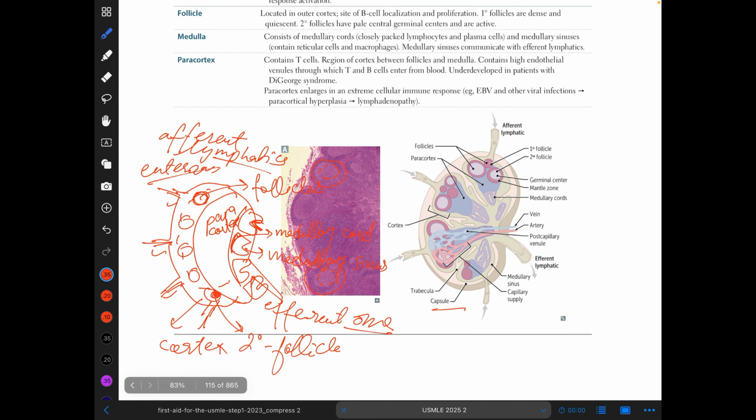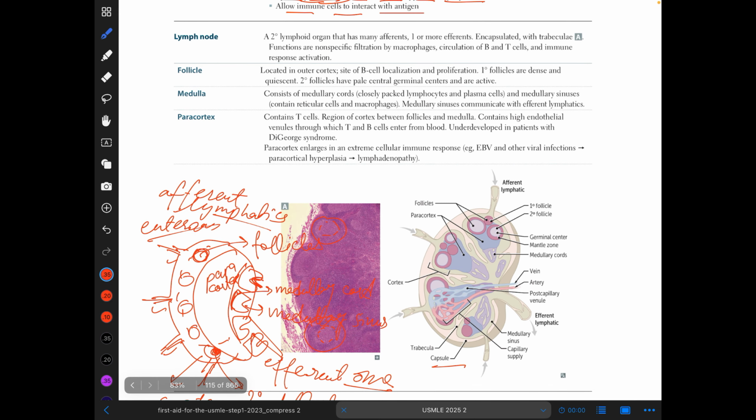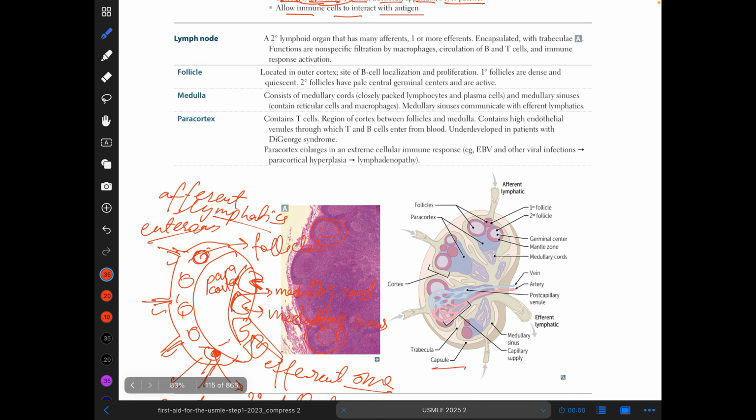But how are all the structures going to work? First, we have to talk about the follicles. The follicles are located in the outer cortex. As you know, it is a site of B-cell localization and proliferation. The primary follicles are dense and quiescent, and secondary follicles have pale germinal centers and are active.